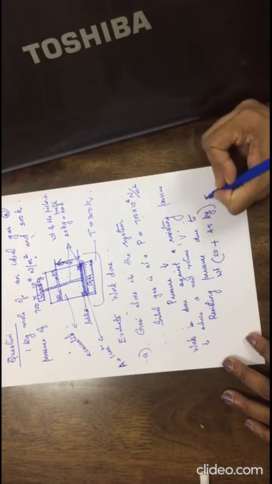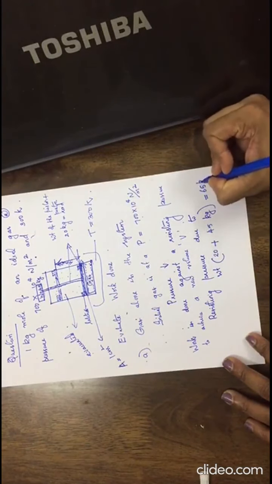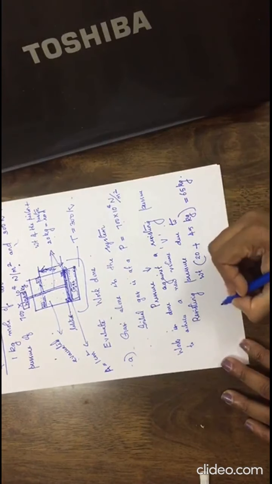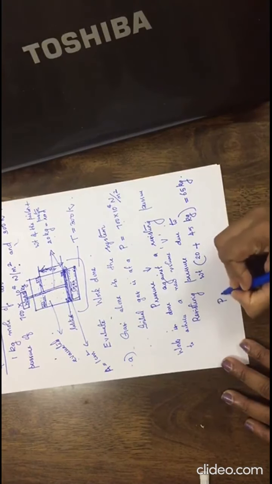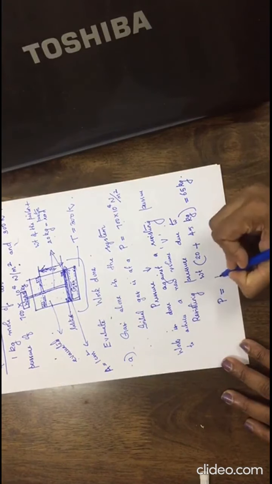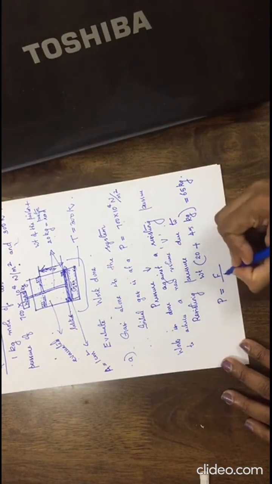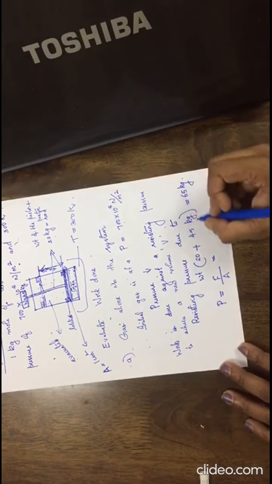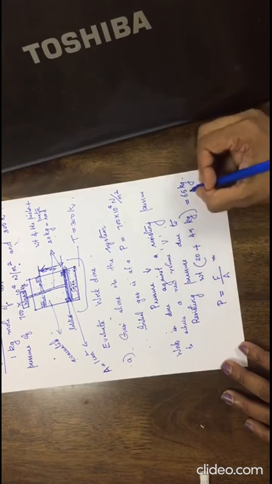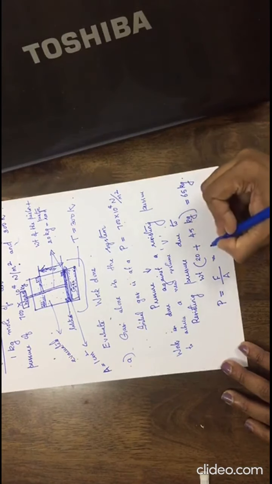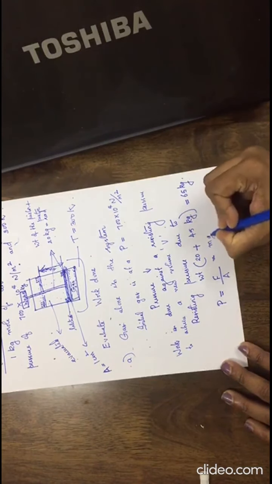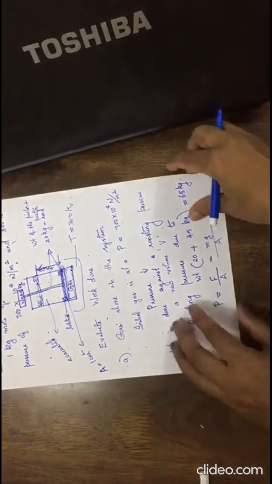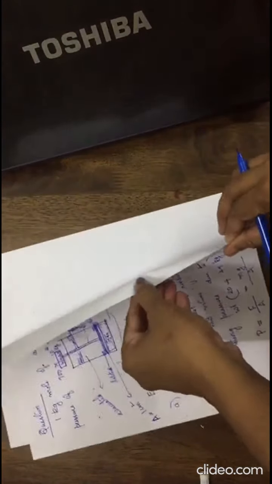So what's the total weight? It is 65 kilogram. Okay, how to calculate the resisting pressure P? P is equal to force per unit area. Force is due to this weight of 65 kilograms. So P is equal to mg divided by A.